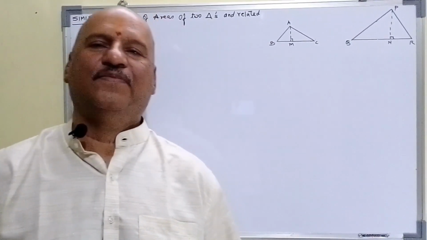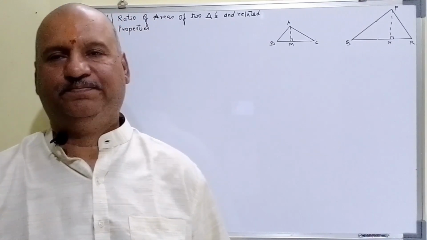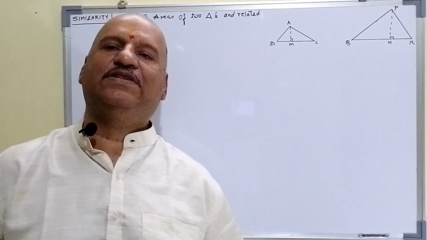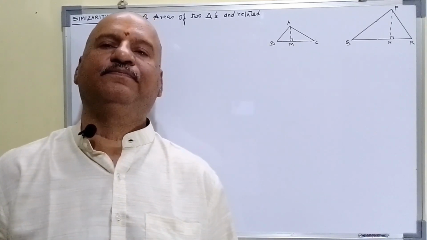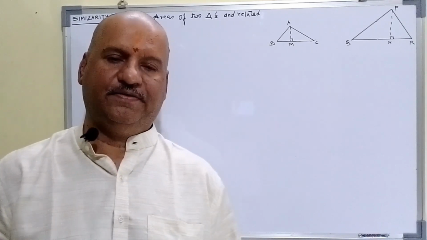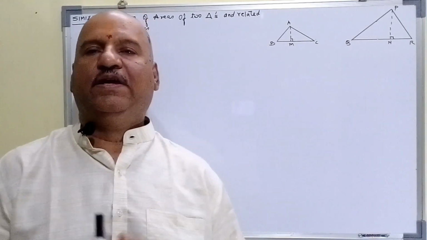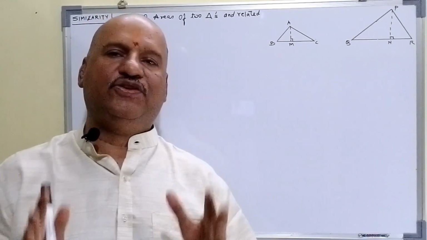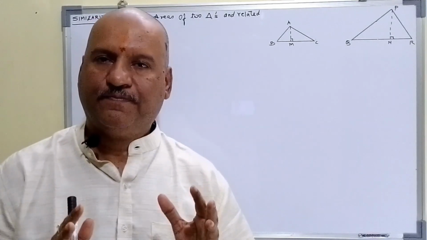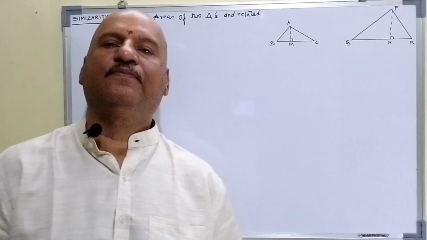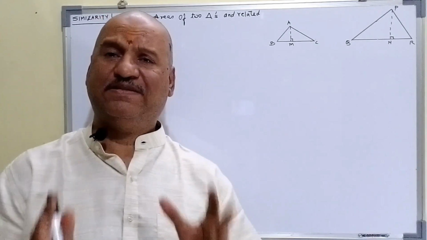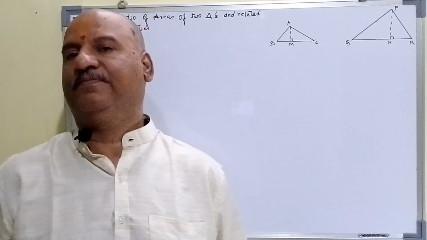Hi, today we are going to start with geometry. The first chapter of geometry, standard SSC, is similarity. While I teach you this first chapter, I am not going to start by explaining what similarity is right now.